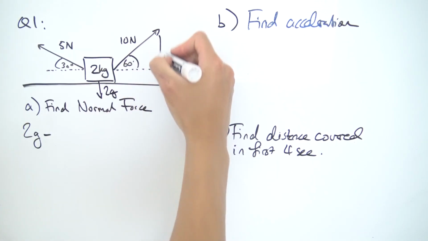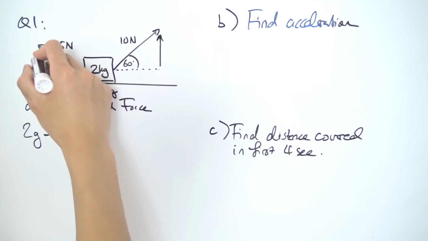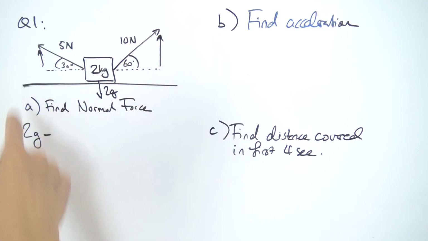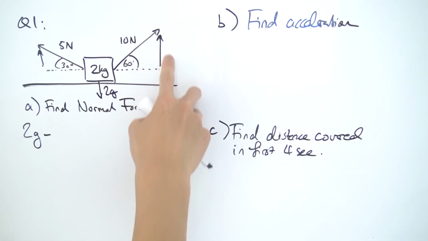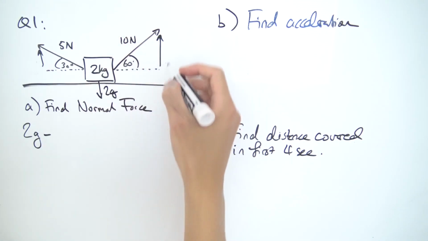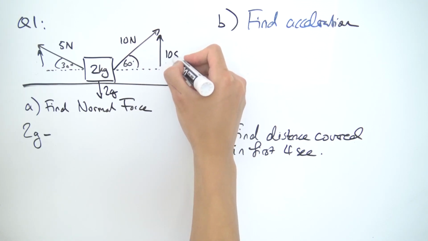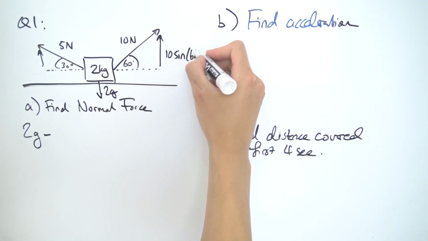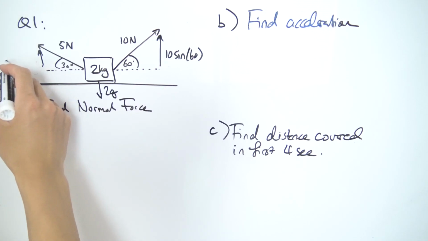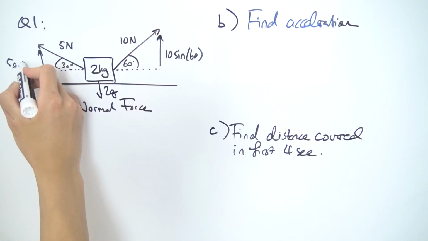First by this other force which is going vertically up, and this other force over here, and we have to find those 2 magnitudes. Since this is the opposite side to this angle, we're going to be using sine, because opposite over hypotenuse. So this is 10 times the sine of 60 degrees, and over here we're going to have 5 times the sine of 30 degrees.